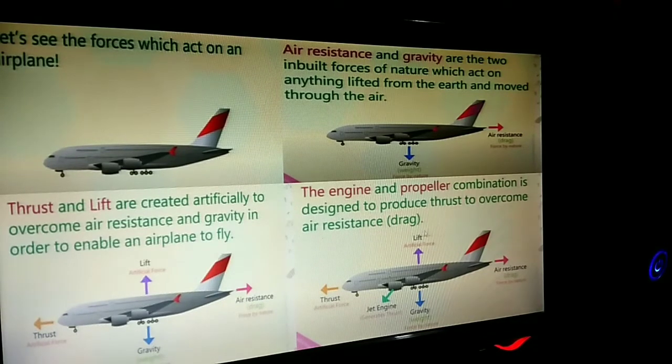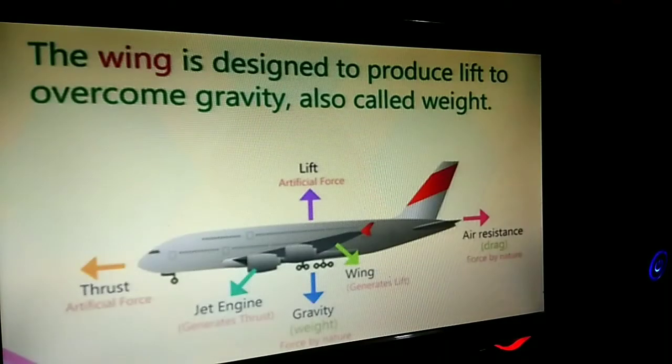The engine and propeller combination is designed to produce thrust to overcome drag in the aeroplane. Then the wings are designed to produce lift to overcome gravity.